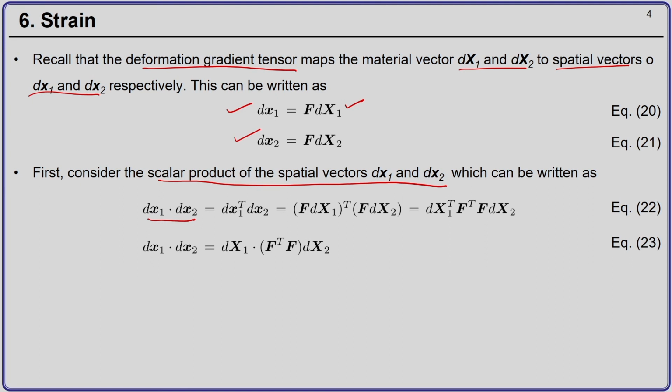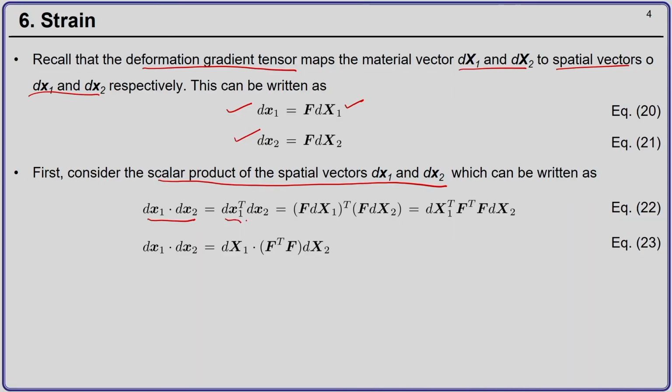Now, dx1 dot dx2: because both are vectors, A dot B can also be written as A transpose B. So we can write dx1 dot dx2 as dx1 transpose dx2.